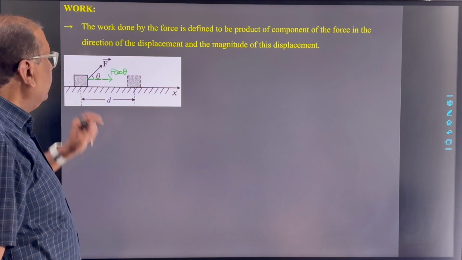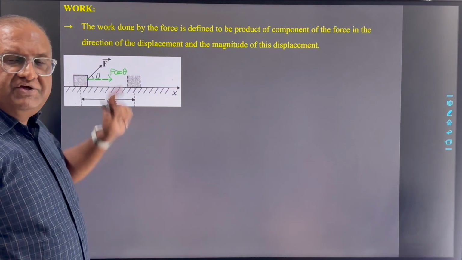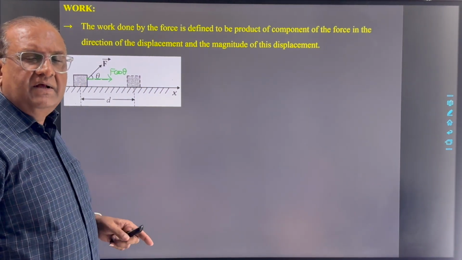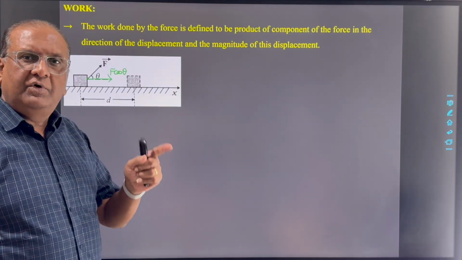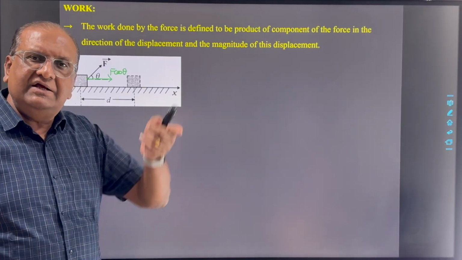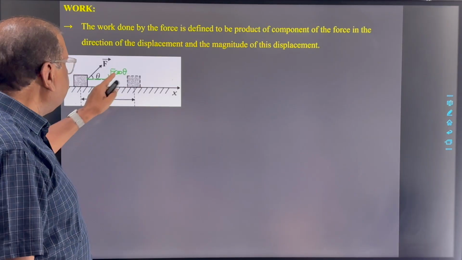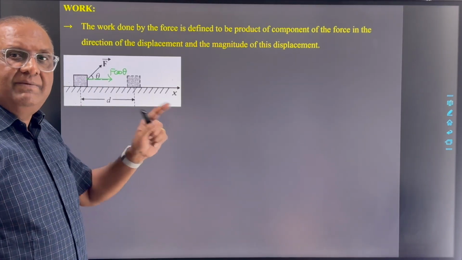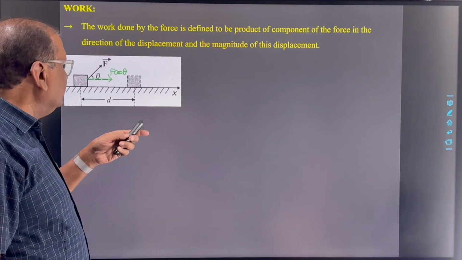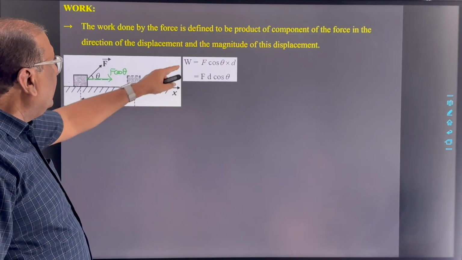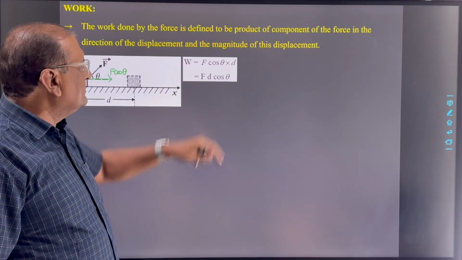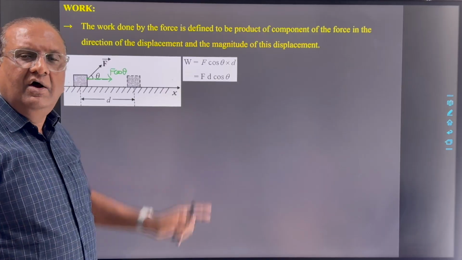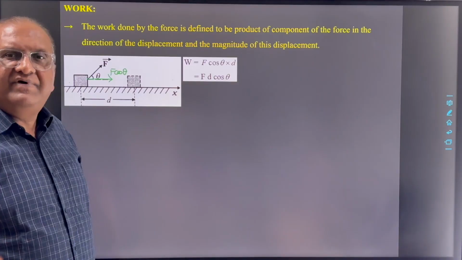As per the definition of work done, the product of the component of force in the direction of displacement, F cos theta, and the magnitude of displacement, D, so we can write W equals F cos theta into D, or FD cos theta.